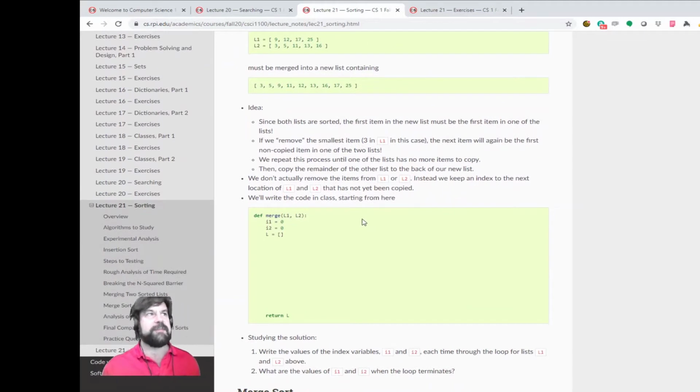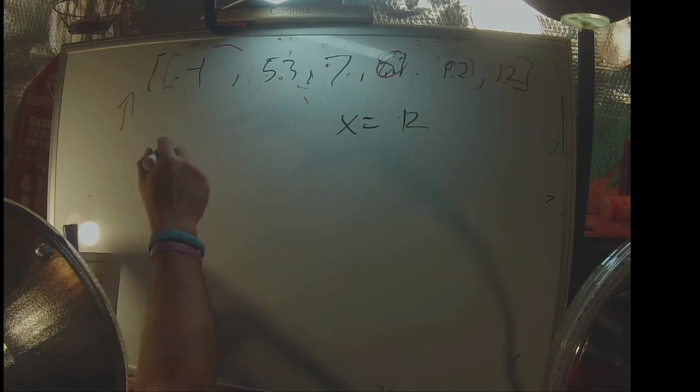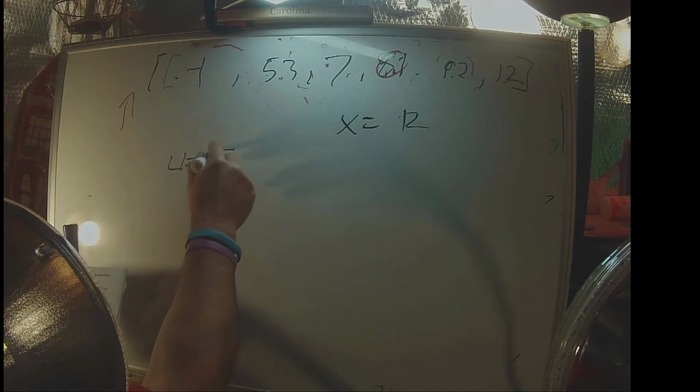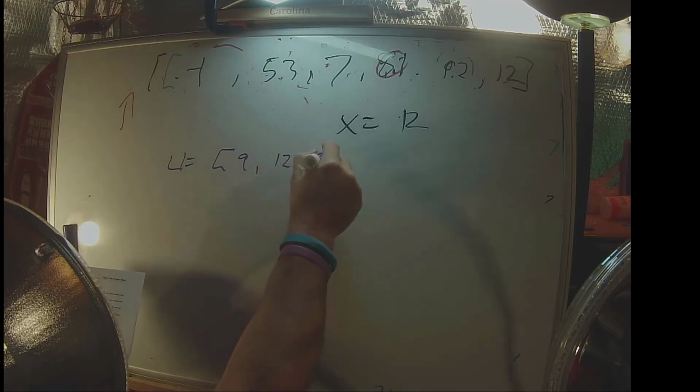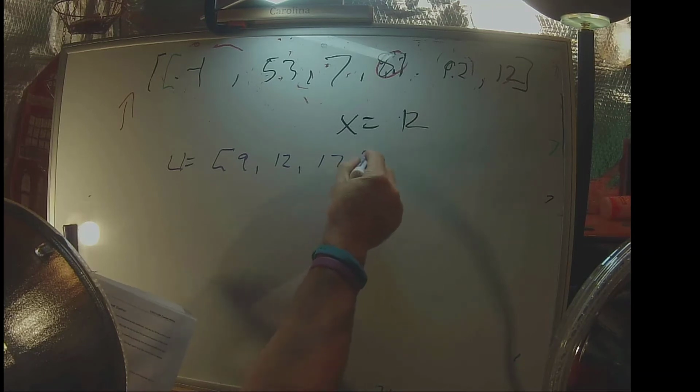So the concept on this is pretty simple. I'm going to go over for just another quick run to my handy dandy whiteboard. Okay, so let's take a look at what we want to do, and we want to make this very efficient. So we're going to say L1 equals 9, 12, 17, and 25.